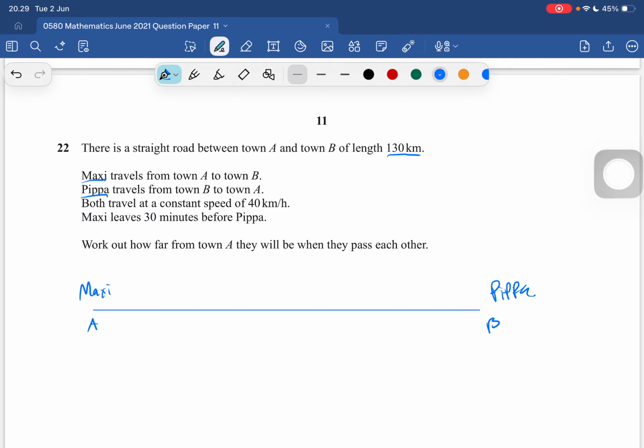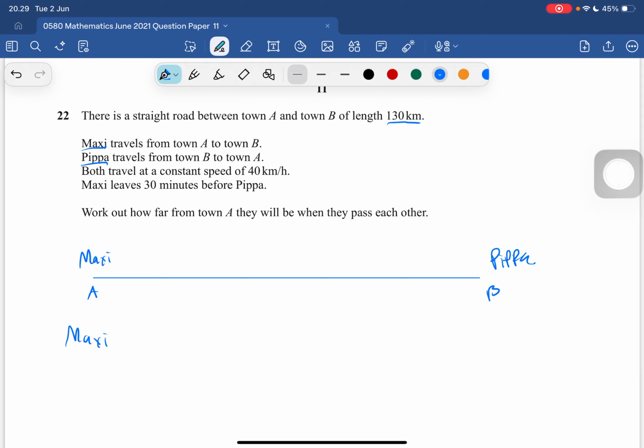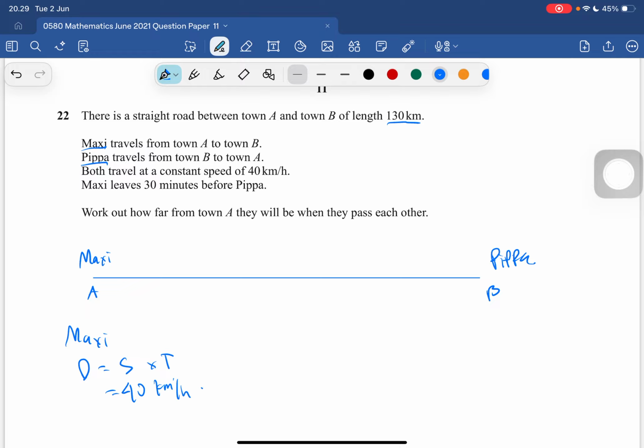So first, let us calculate Maxi's head start. Here is Maxi. Distance is equal to speed multiplied by time. The speed is constant, which is 40 km per hour. Then we multiply by 0.5 hours.